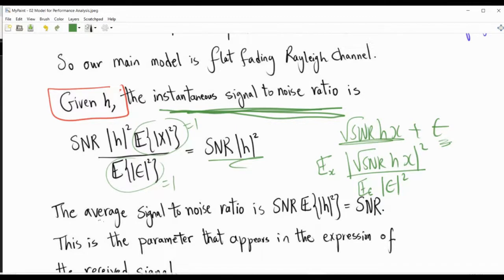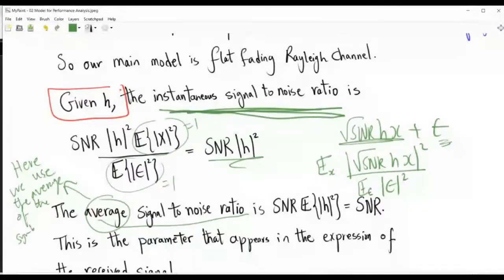What about the average SNR? For the average SNR, you take this a step further, and you also average over the channel. So here we use the average of the symbols, noise, and channel.